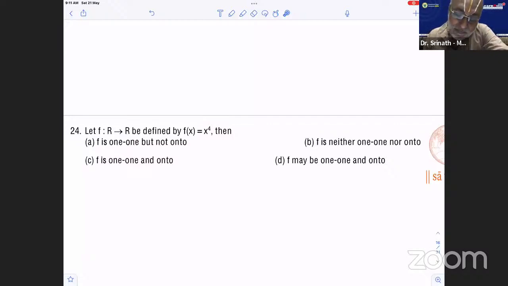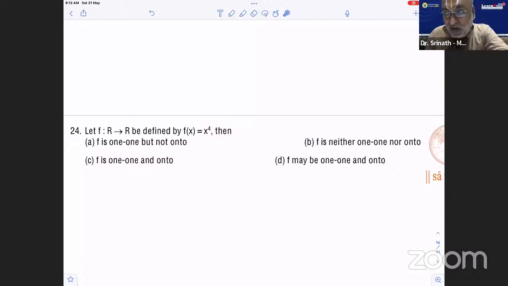Then next is, since x to the power of 4 happens to be a non-negative number, then in the domain, the negative numbers will not have a pre-image.